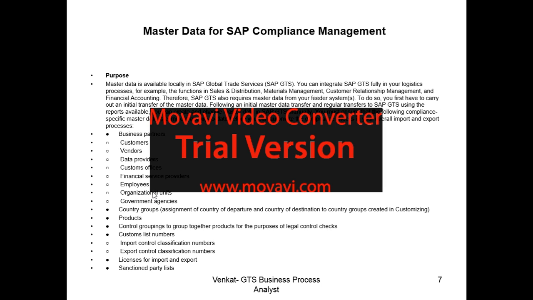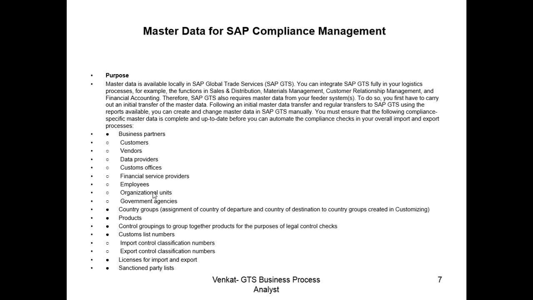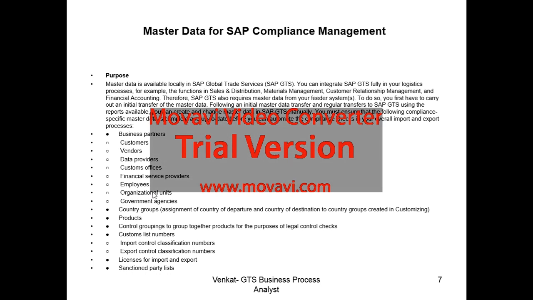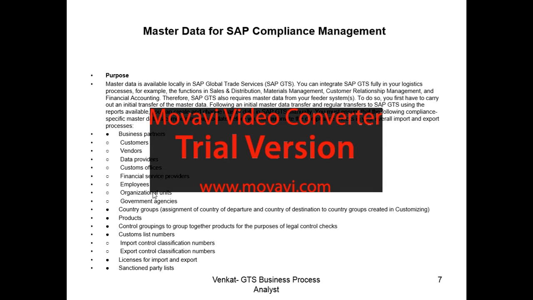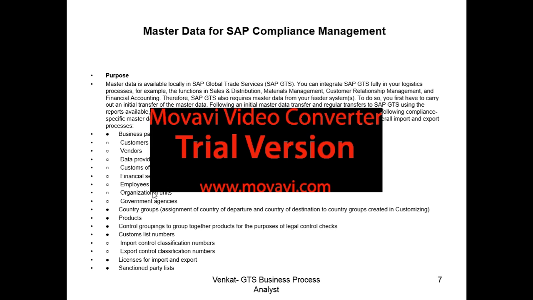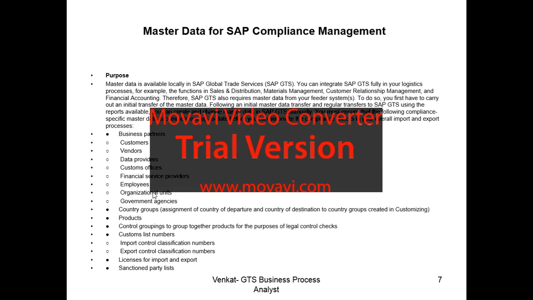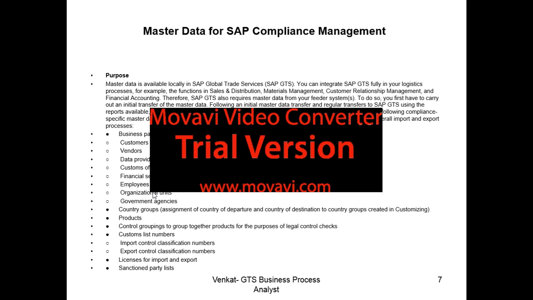Can you name a few organizational units in SAP ECC, from the SD side or MM side? Company code, plant, sales organization, purchase organization. In a similar way, in the GTS system we also have a few organizational elements: the foreign trade organization, FTO, and the legal unit.